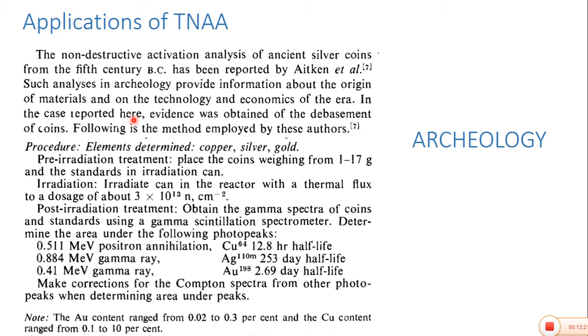So the important thing is to analyze what type of elements are there, and from these elements you may also get information about the minds of the people living in that era, what type of elements these people were focusing on. So there is a lot of information you can get from one thing that belongs to that era.